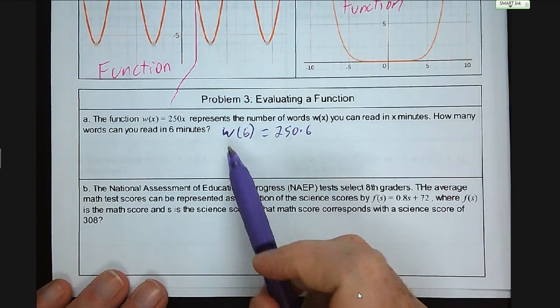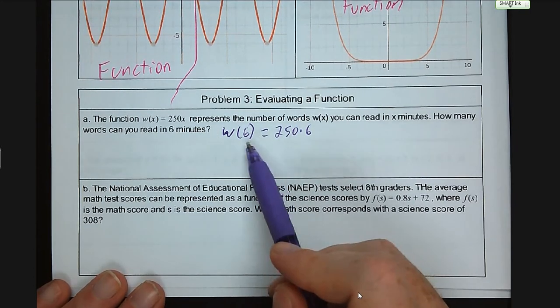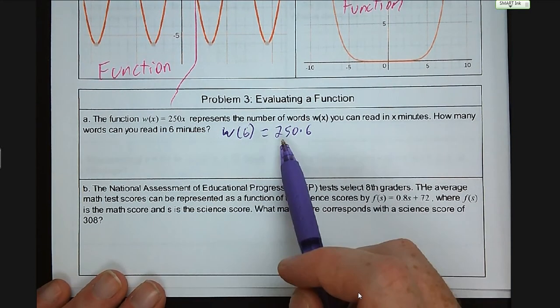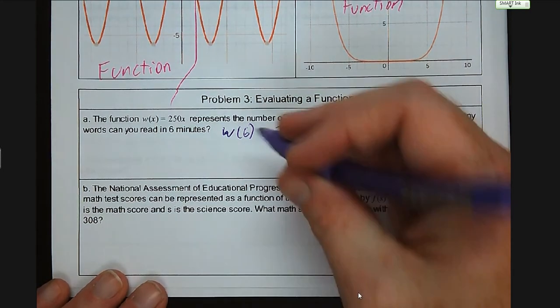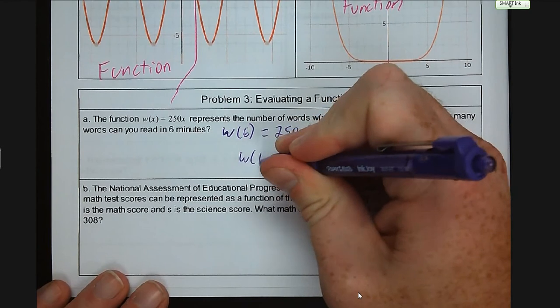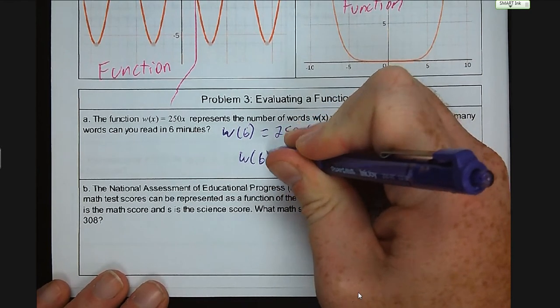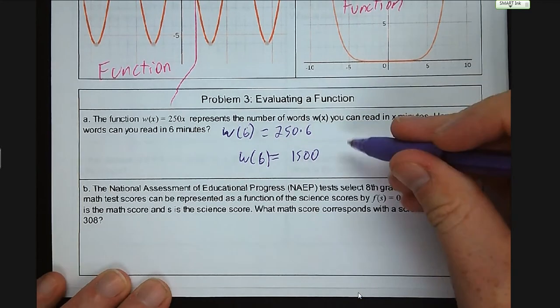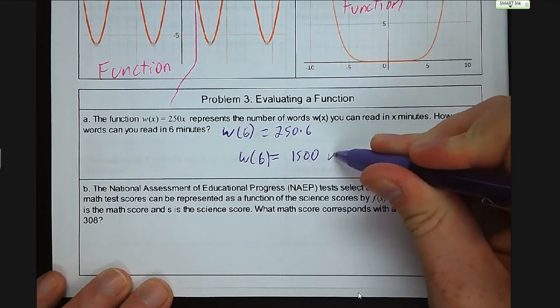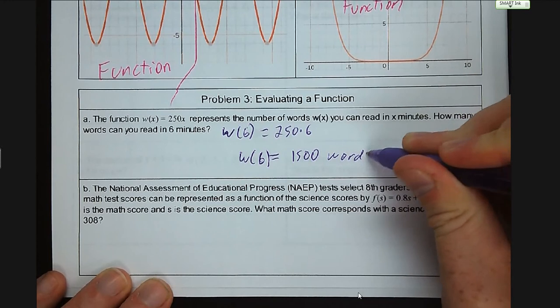The function of 6 minutes is equal to 250 words per minute times 6 minutes. So w of 6 is equal to 1,500. This is a word problem, so we need to have units. 1,500 words.